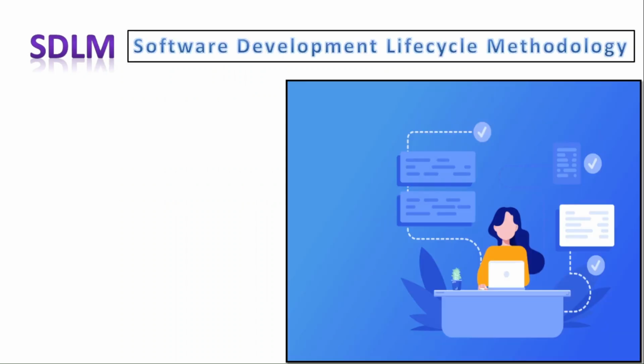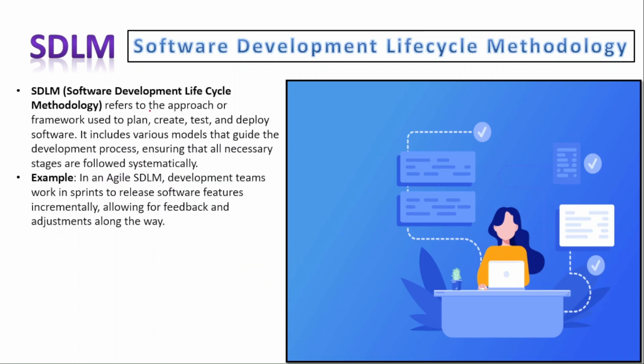SDLM, that is Software Development Lifecycle Methodology. So SDLM or Software Development Lifecycle Methodology refers to the approach or framework used to plan, create, test, and deploy software. It includes various models that guide the development process, ensuring that all necessary stages are followed systematically.